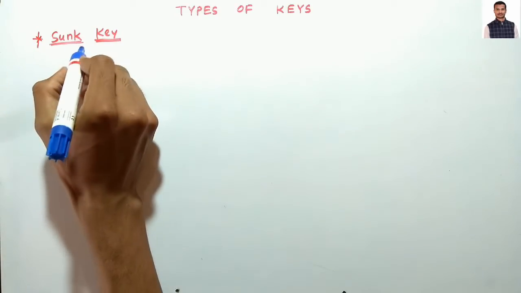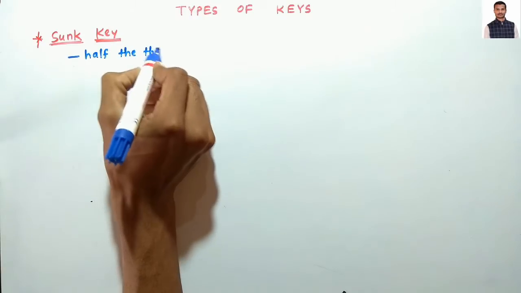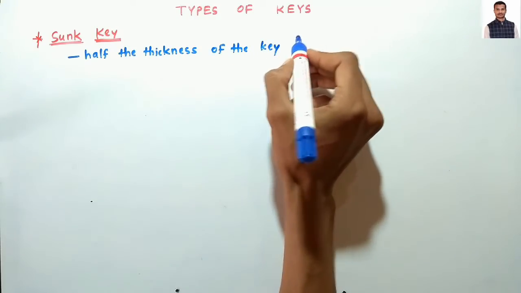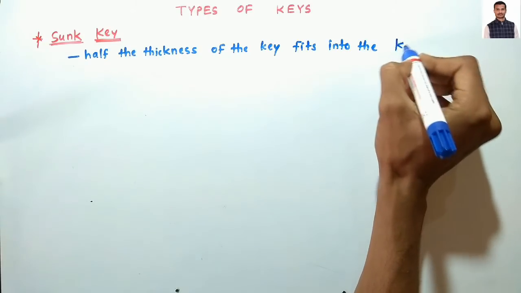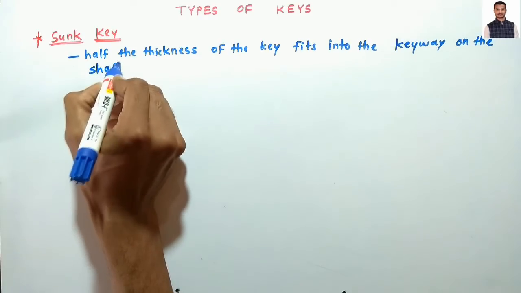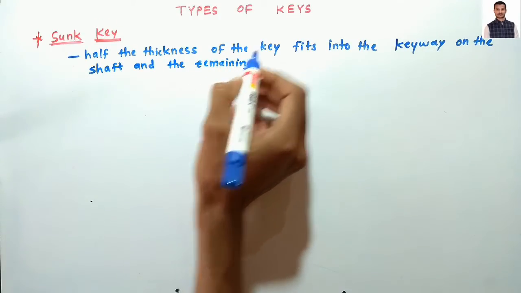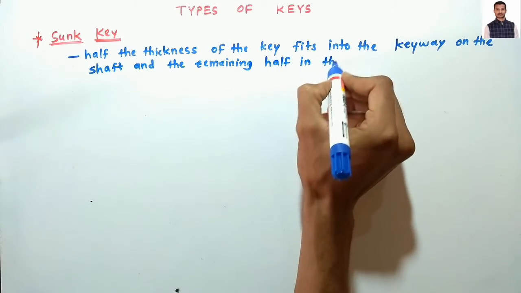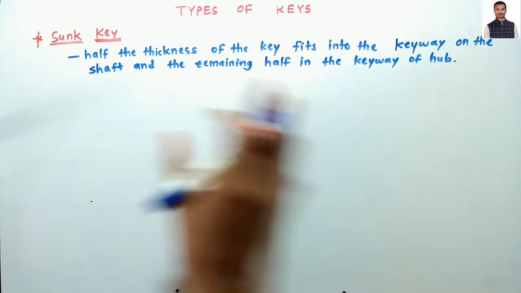A sunk key is a type of key in which half the thickness of the key fits into the keyway on the shaft, and the remaining half in the keyway of the hub. That key is called a sunk key.